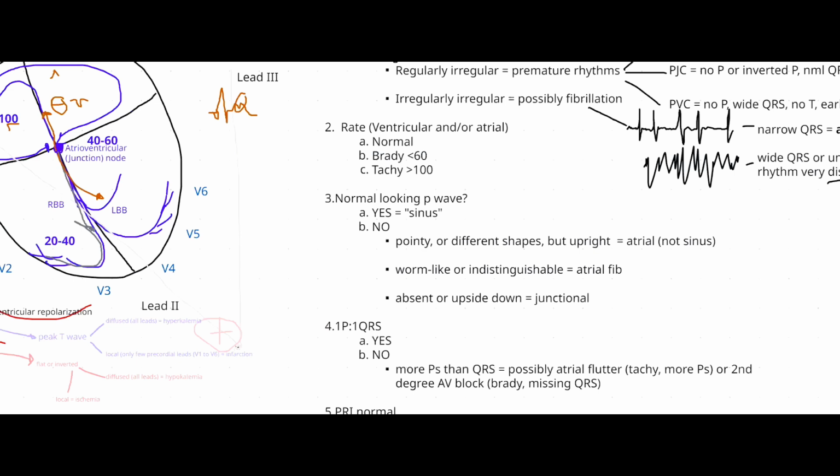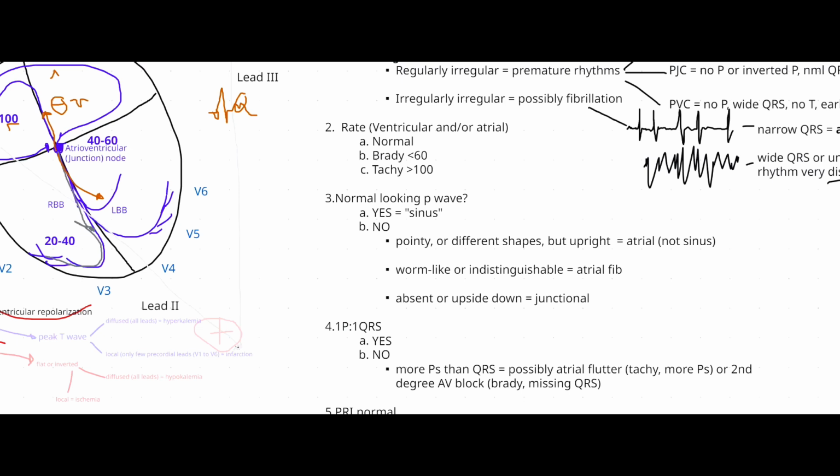So junctional, this is more inverted, but again, it could be flat. Now, if it is absent, so here, this is inverted or flat. Now, if it's just absent, it could also be supraventricular.